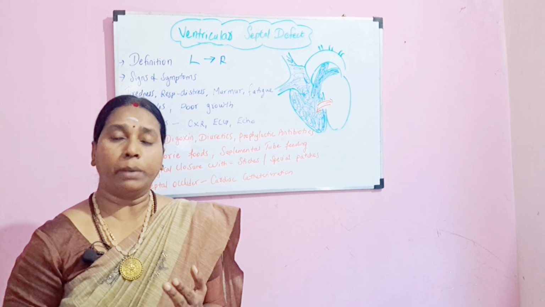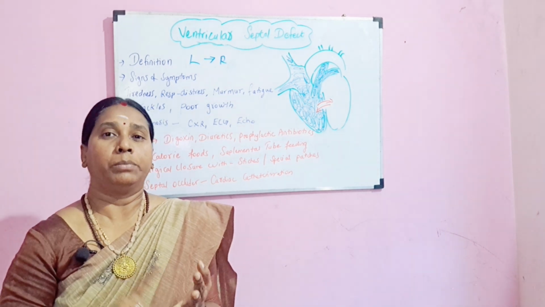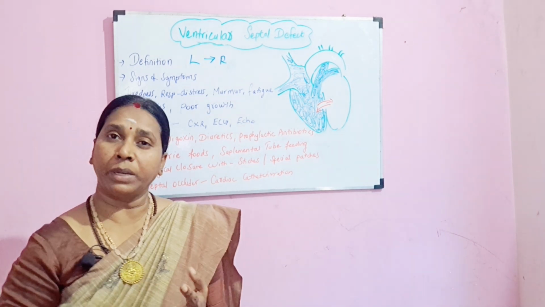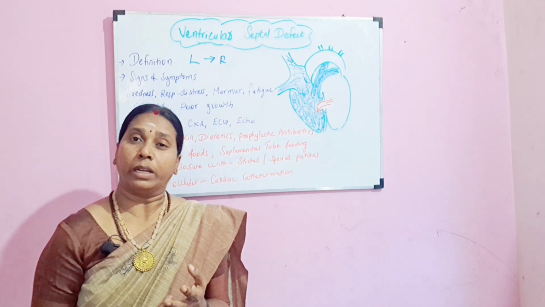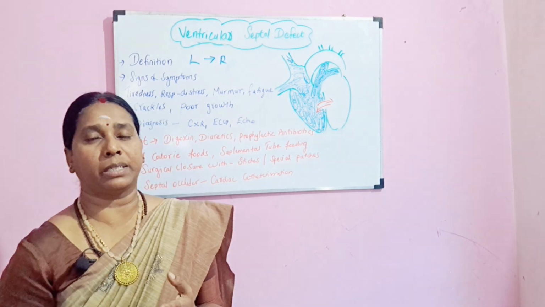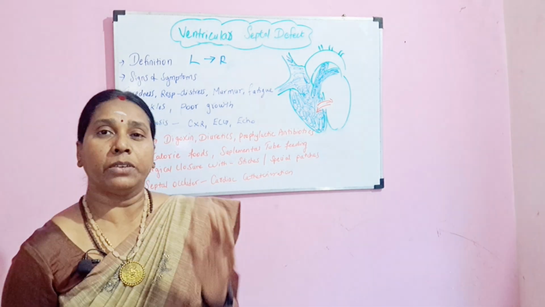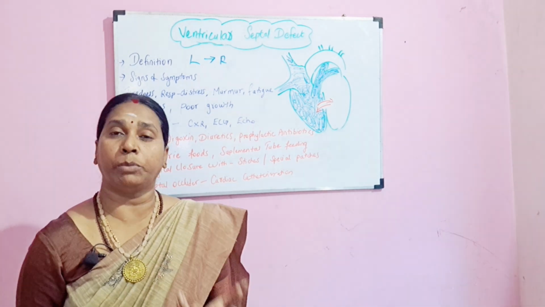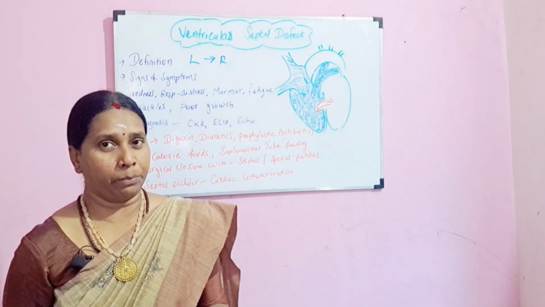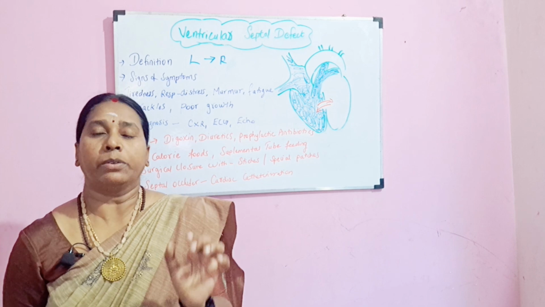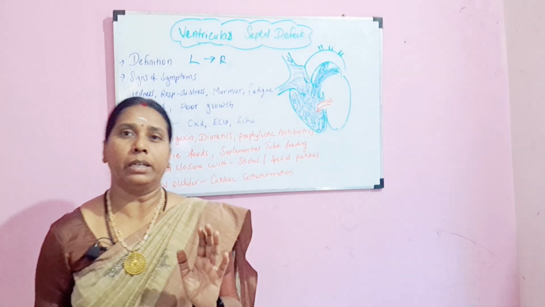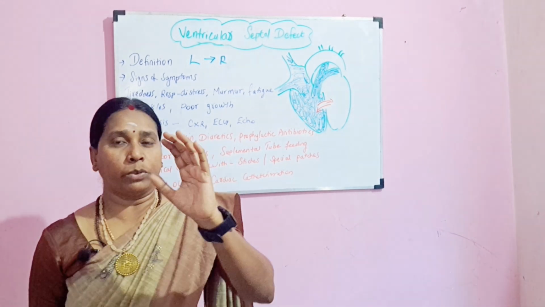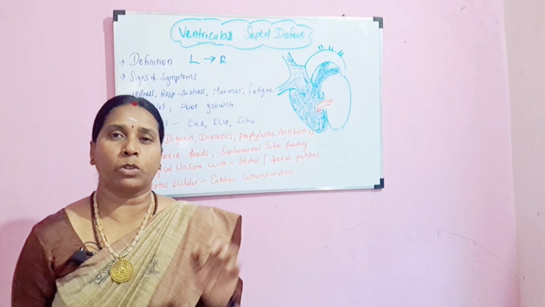There will be an increased respiratory rate, tachypnea, and respiratory distress. The baby will have severe breathing difficulty and pulmonary hypertension, and because of the right ventricular hypertrophy, right heart failure will take place. So this is what you have to remember with the signs and symptoms of ventricular septal defect.